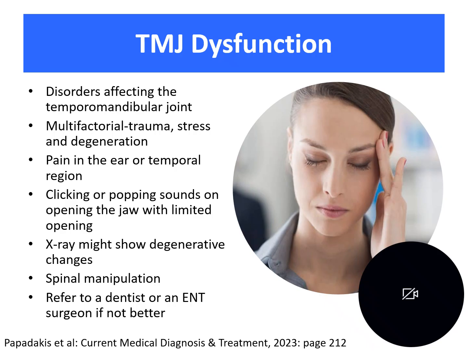Spinal manipulation can help some patients if it is related to trauma or stress, but I've not seen any proof that spinal manipulation or chiropractic adjustment reduces the inflammation associated with degenerative joint disease. Refer to a dentist or an ENT surgeon if chiropractic care with a spinal manipulation or an adjustment is not helpful.